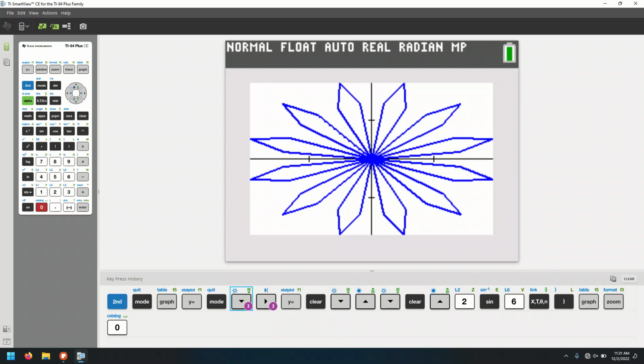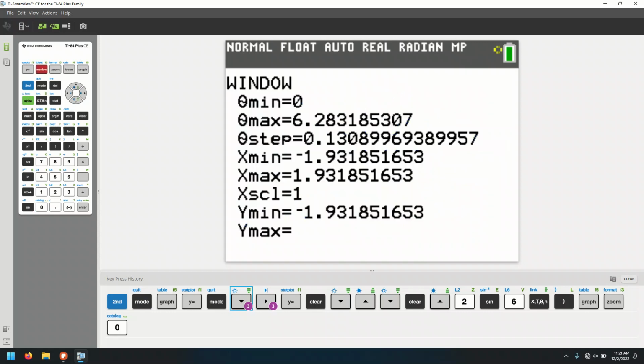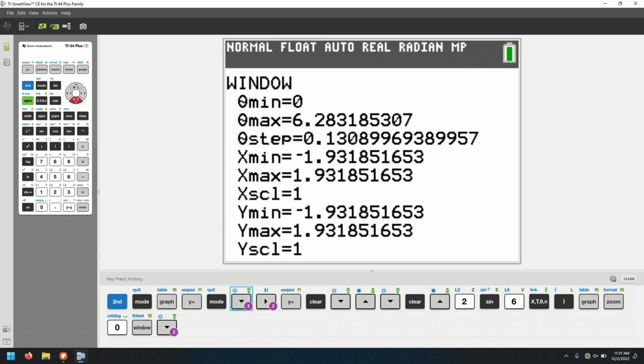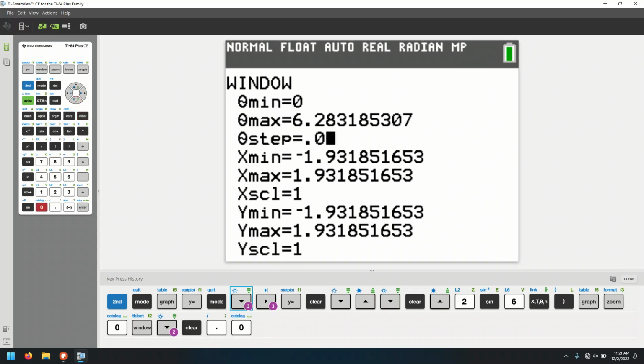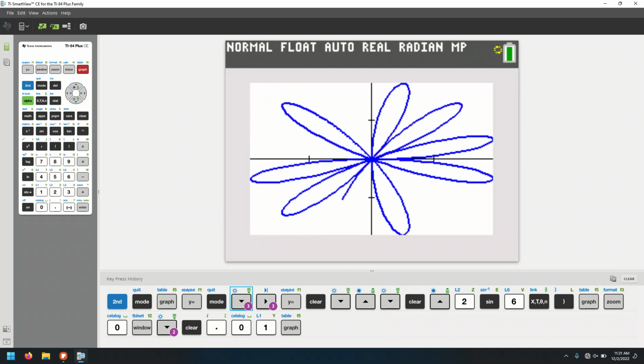Well, to fix this, ask your calculator window to go at slower steps. Notice the step is 0.1 essentially. So I'm going to clear this, and I'm going to turn this into 0.01 to ask the calculator to plot more points. And that's going to fix the issue and make it a smoother curve.